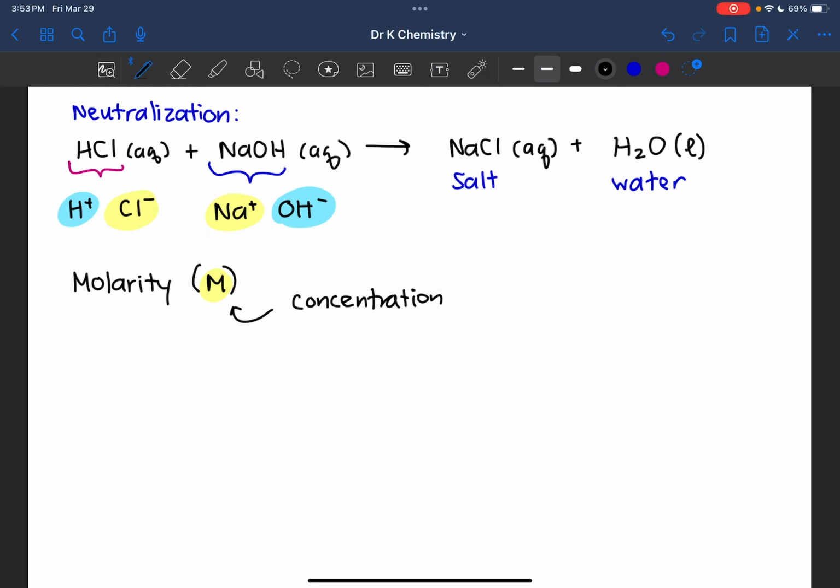We call it molarity, or we would say that this solution is some amount molar. So for example, let's say that your concentration is 3.00 M, we would say that's a 3 molar solution.